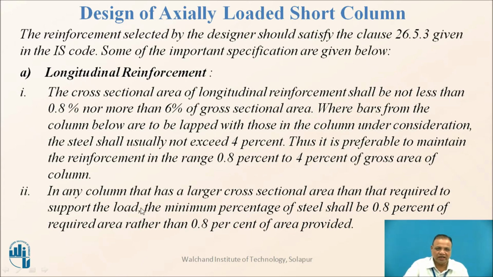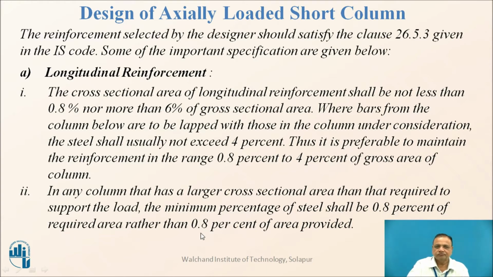Minimum is the same, 0.8%. In the case of a column that has a larger cross-sectional area, we are supposed to consider the actual area required for supporting that particular load while calculating the 0.8% of steel to be provided.